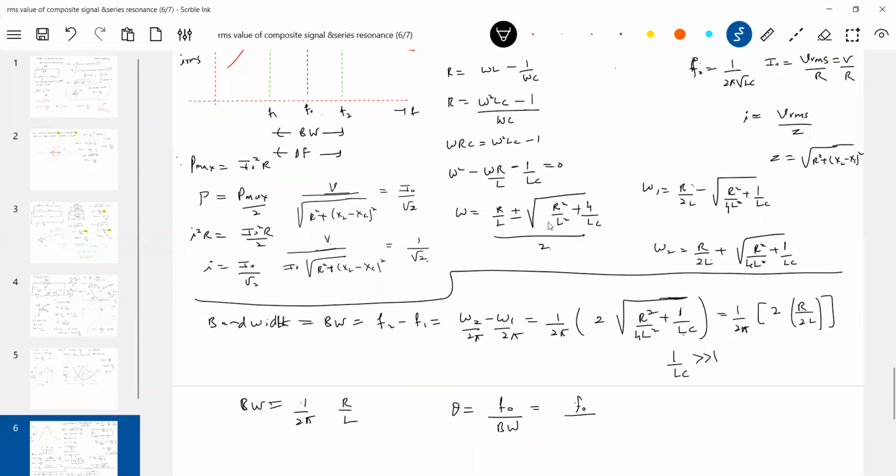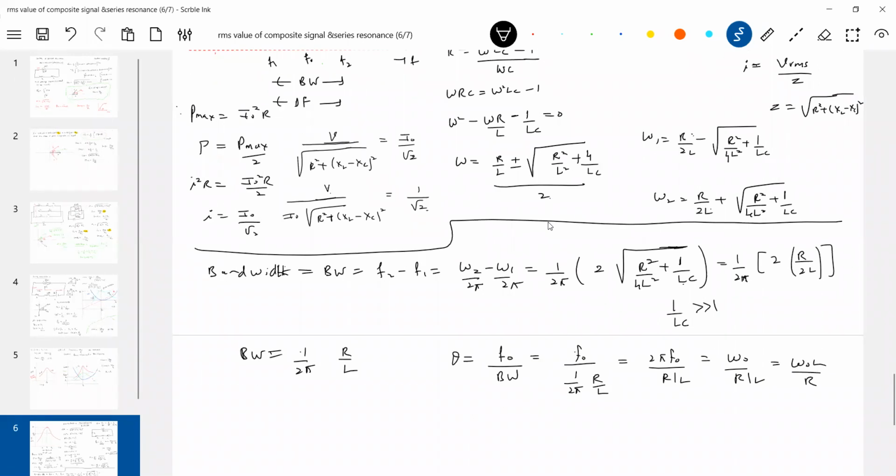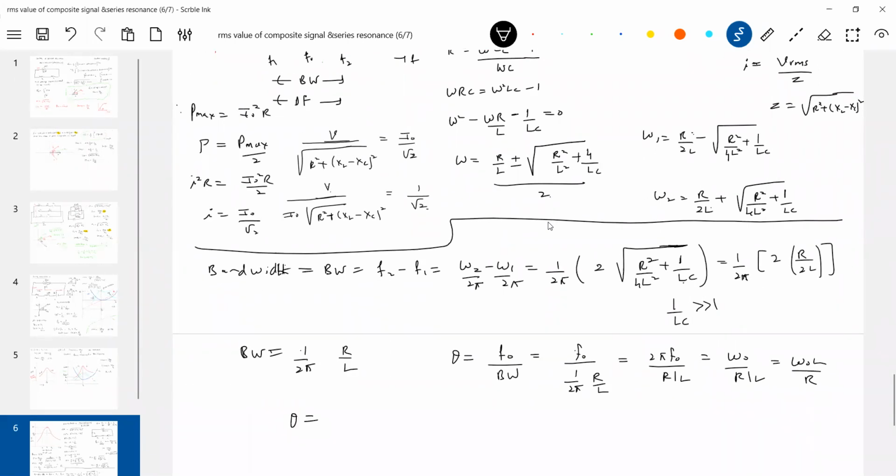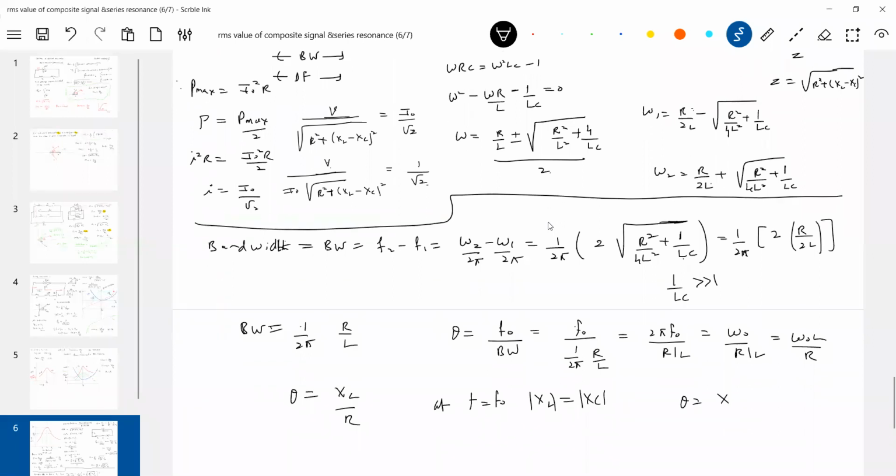So bandwidth is equal to 1 by 2 pi R by L. So this will become 2 pi F naught L by R, which is omega naught L by R. This is the formula which we brought. And what is omega naught into L? It should be the inductive reactance. At resonance, we know when F equals F naught, XL equals XC in terms of modulus. So the quality factor we can also write as Q equal to XC by R.